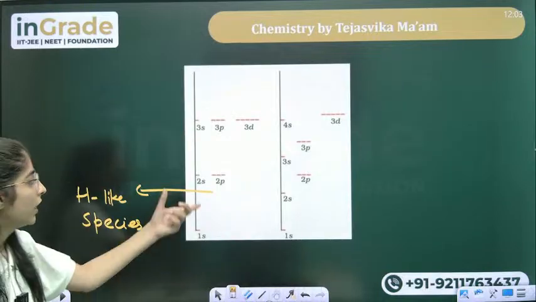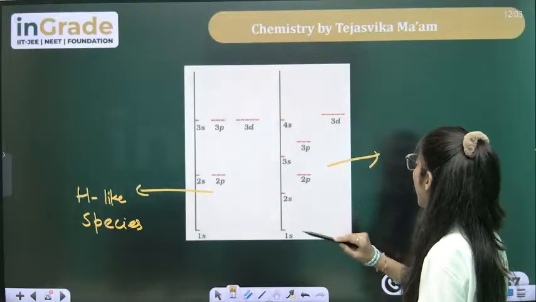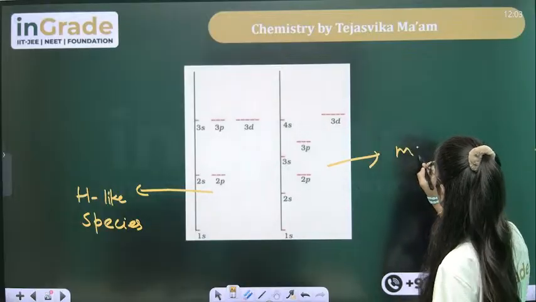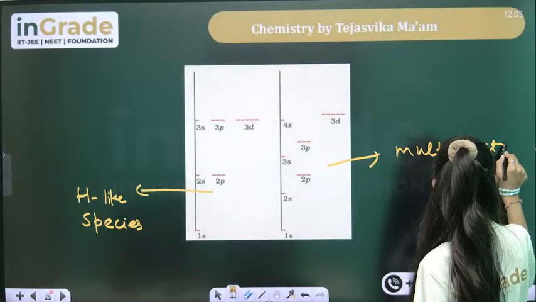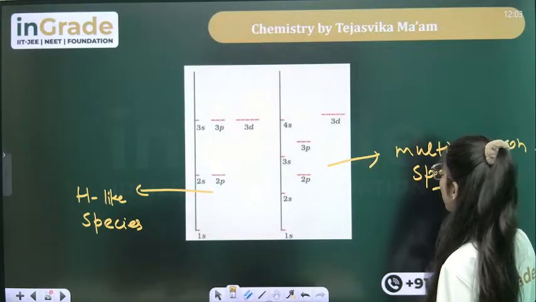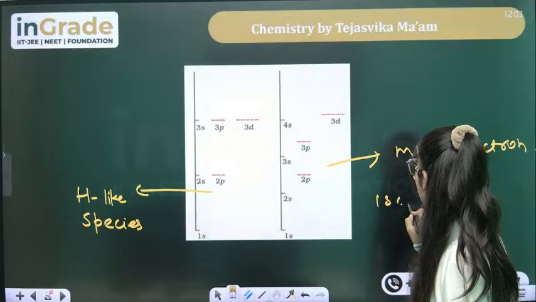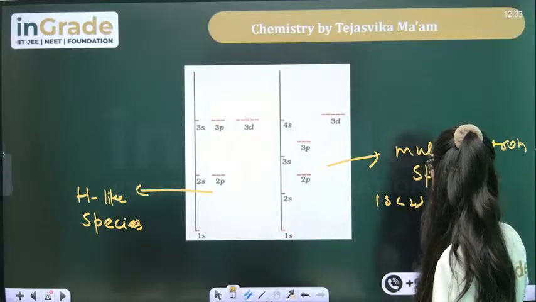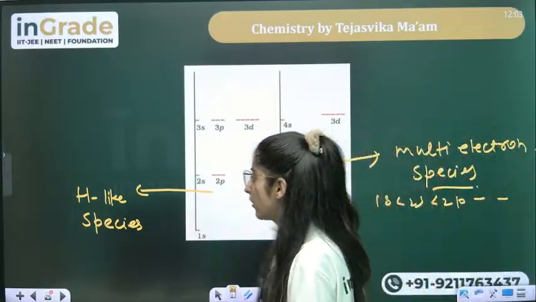See here in this graph, this particular graph represents the energies of multi-electron species. This is representing the multi-electron species energy levels, that is 1s is less than 2s, that is less than 2p, and so on. How we got this, we will discuss in the next lecture.